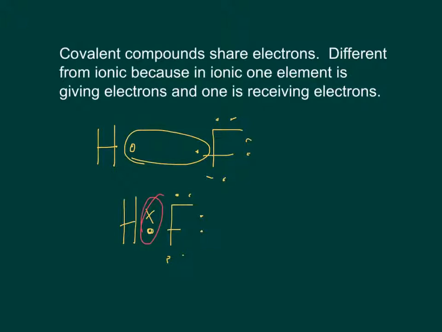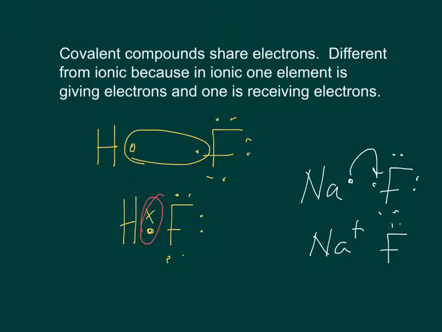So this is different than if you had an example like, I don't know, let's go with sodium. So if I have Na, which is a 1, right, has one valence electron, and fluorine, which has 1, 2, 3, 4, 5, 6, and 7. Remember, this one electron is leaving so that my Na has a 1 plus charge, and my fluorine now has all 8 of its valence electrons and has a 1 minus charge.